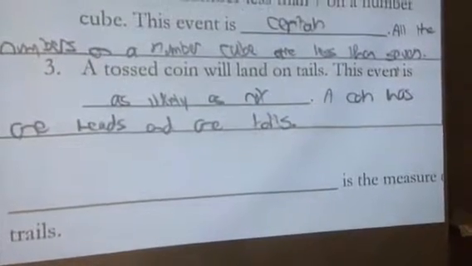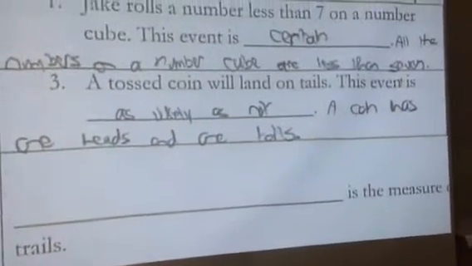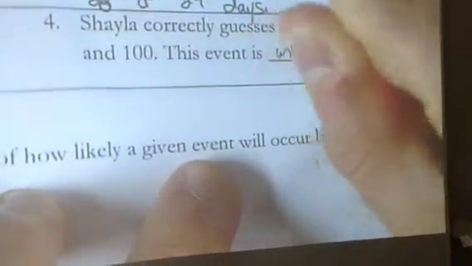Shayla correctly guesses a number between 1 and 100. Think about all the numbers between 1 and 100. There are a lot of them. So if I am talking about correctly guessing just one of those numbers, that's not very likely to happen. This event is unlikely. My explanation is there are many numbers between 1 and 100.